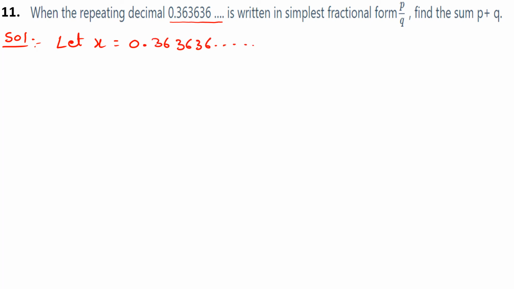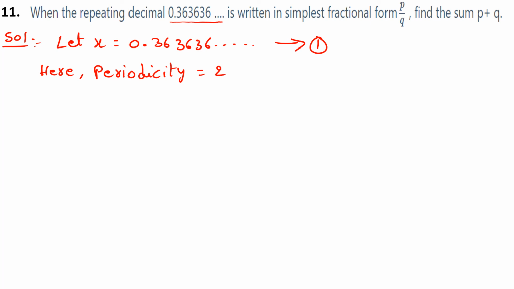This is equation 1. So here the periodicity is 2, right?